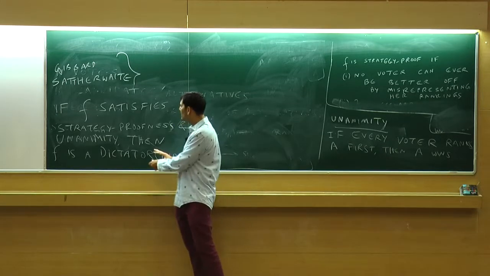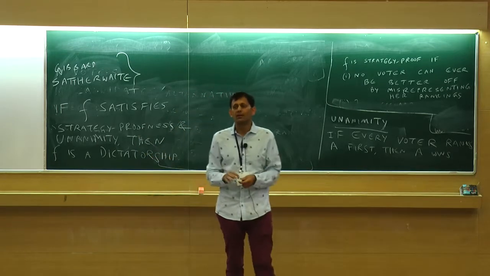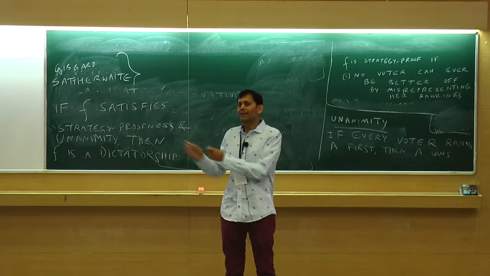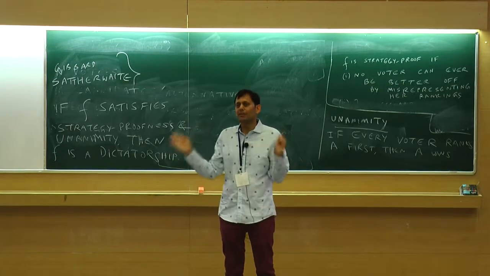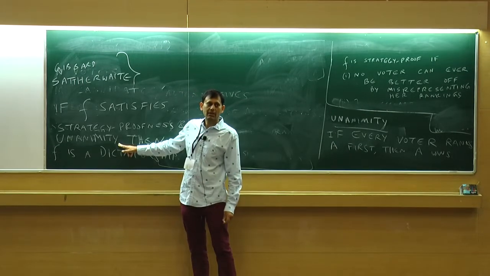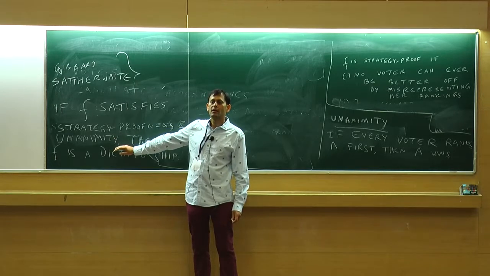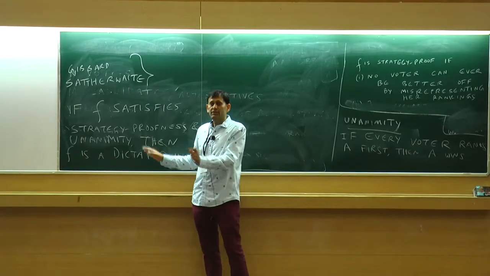No, dictatorship just says that what I say wins. It doesn't matter whether what I say is true or not. I may be a dictator and I like pizza, but I may say I like burger, and then burger wins. So the fact that a dictatorship satisfies unanimity has nothing to do with strategy proofness. It doesn't matter how everyone votes.